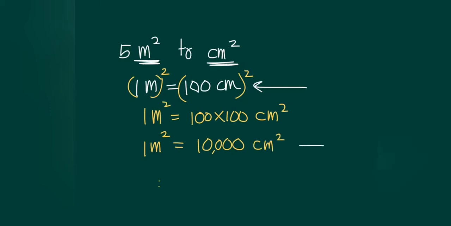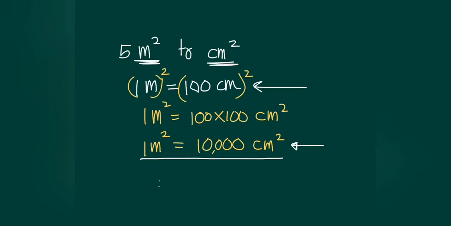From here, you can now see how many cm squared are in 1 m squared. You can also try to memorize these equivalent values, but you can always derive them the way I derived it here.